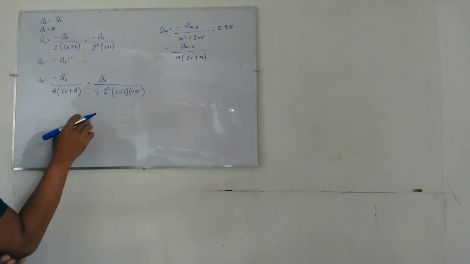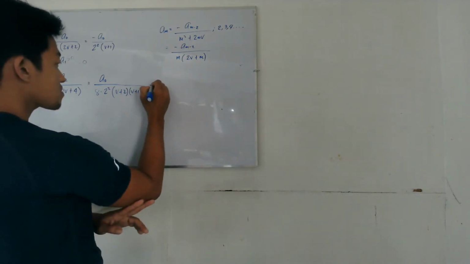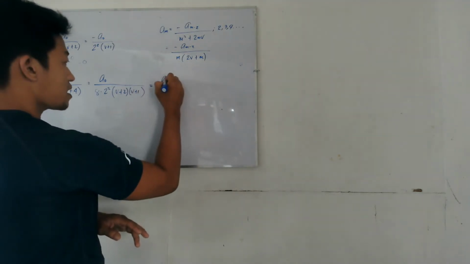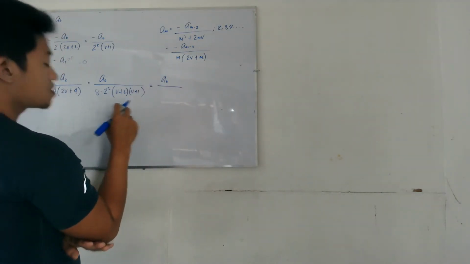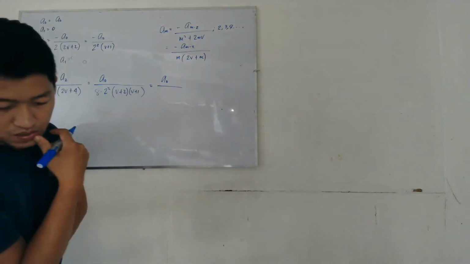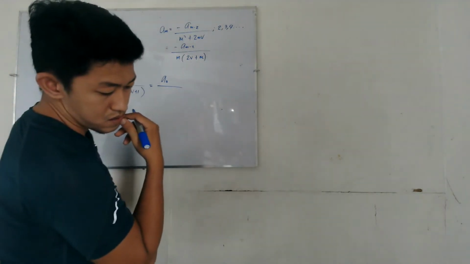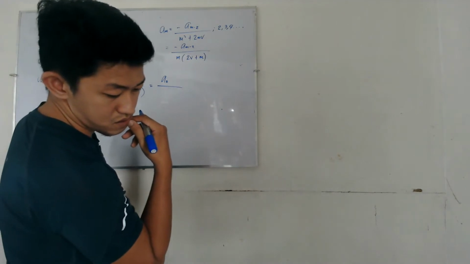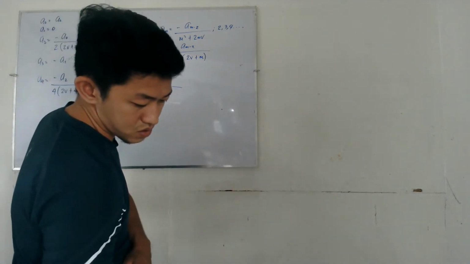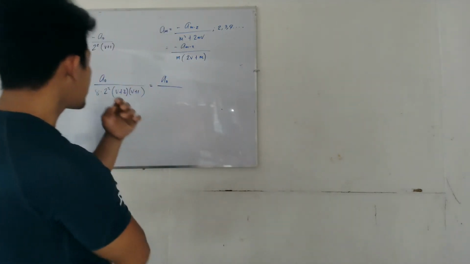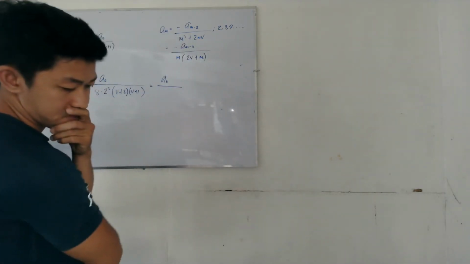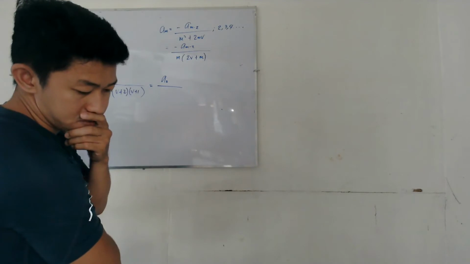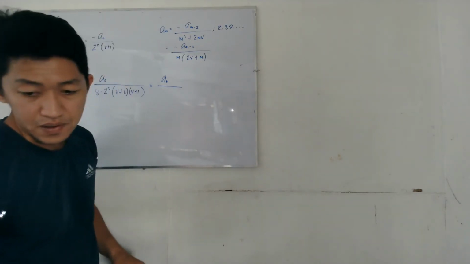So this becomes A0 and then 2 to the 4, right? 2 to the 4.